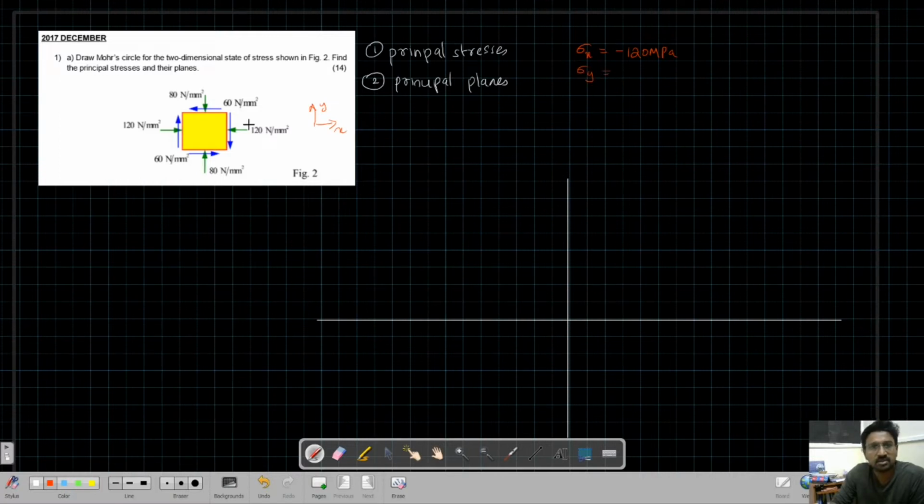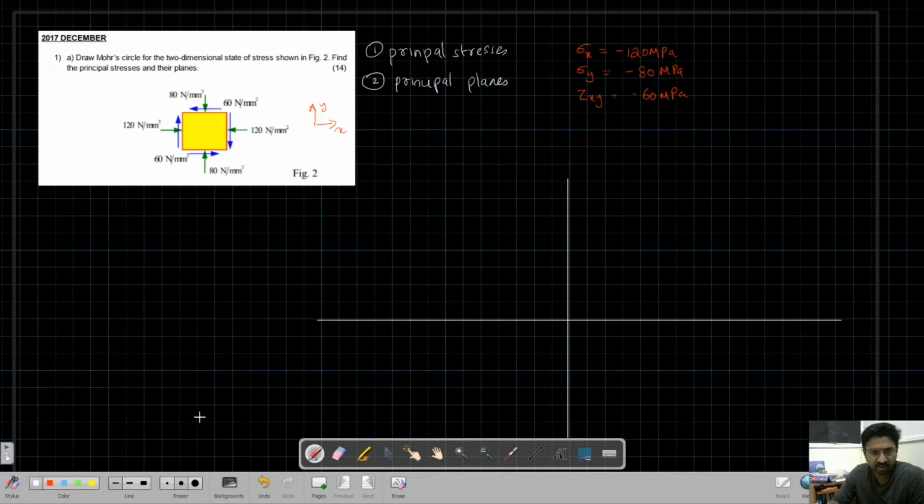Sigma y is again minus 80 MPa, and we have shear as 60 MPa. Actual nature of the shear stress is negative, minus 60 MPa, but we don't need to know the sign now. We will see how we consider the signs of shear when we draw the Mohr circle.